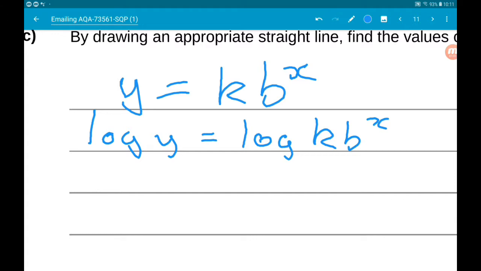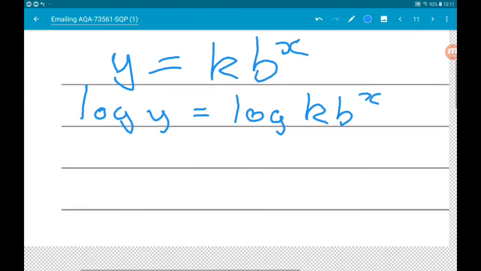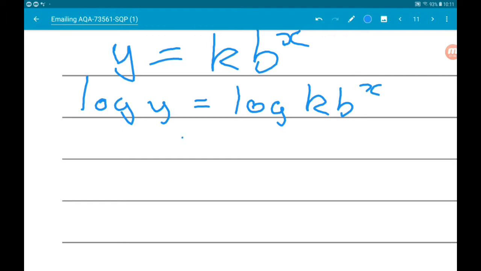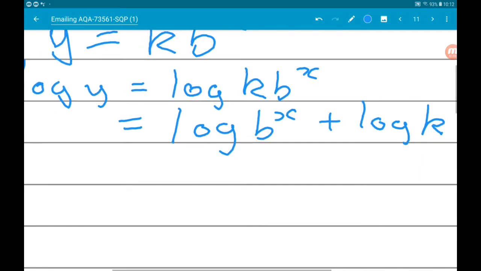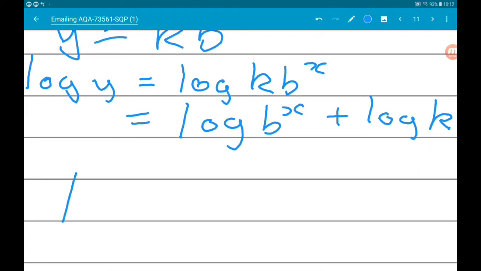Now, by the laws of logarithms, we can split up the right-hand side to give us log b to the power x, add log k. And then again, by the laws of logs, log b to the x is x log b.